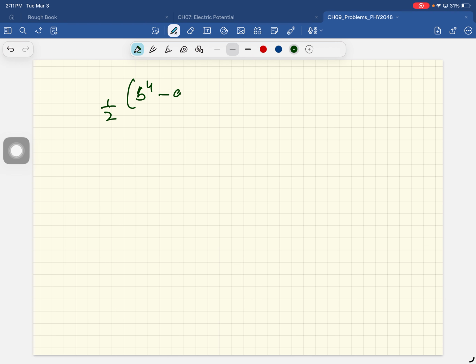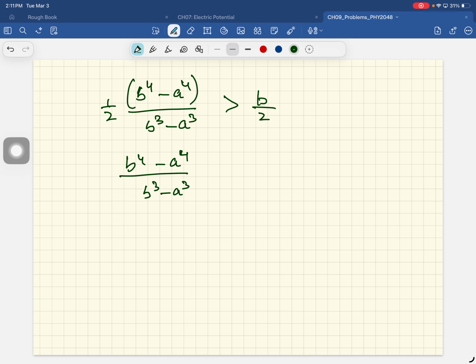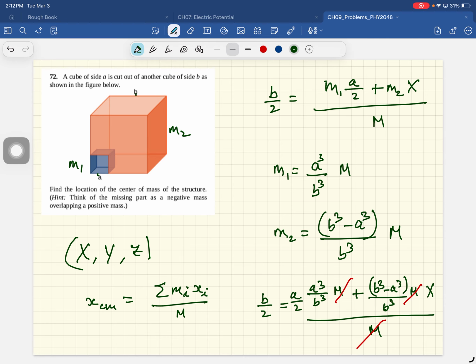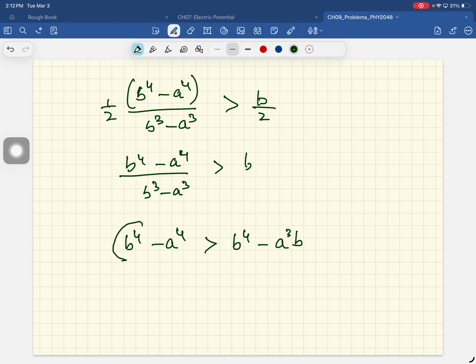So y center of mass: y is r sine theta. Dm is d theta over pi times m. And the mass of the whole thing is m. And what is r over pi?